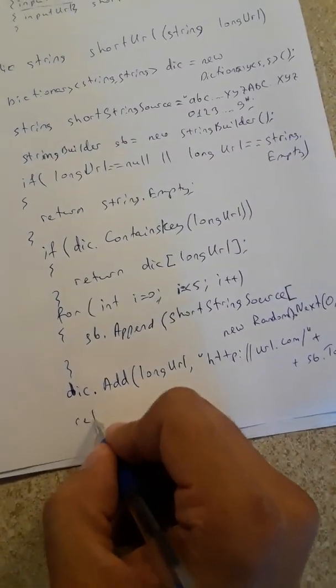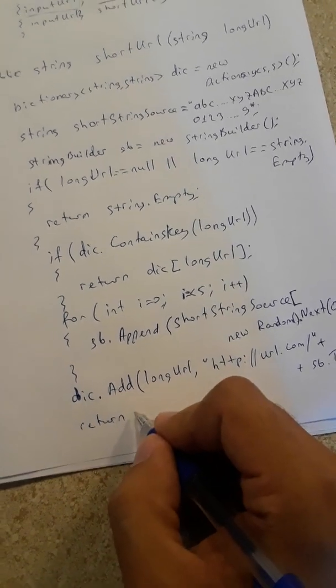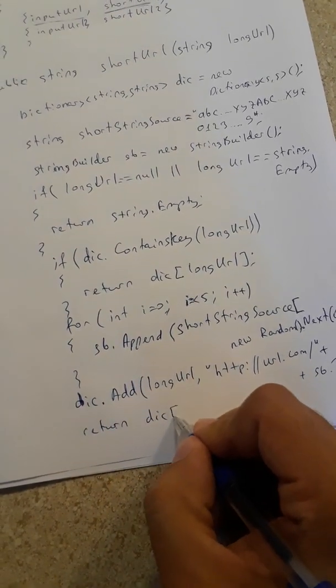So at the end I will just return the value from the dictionary.